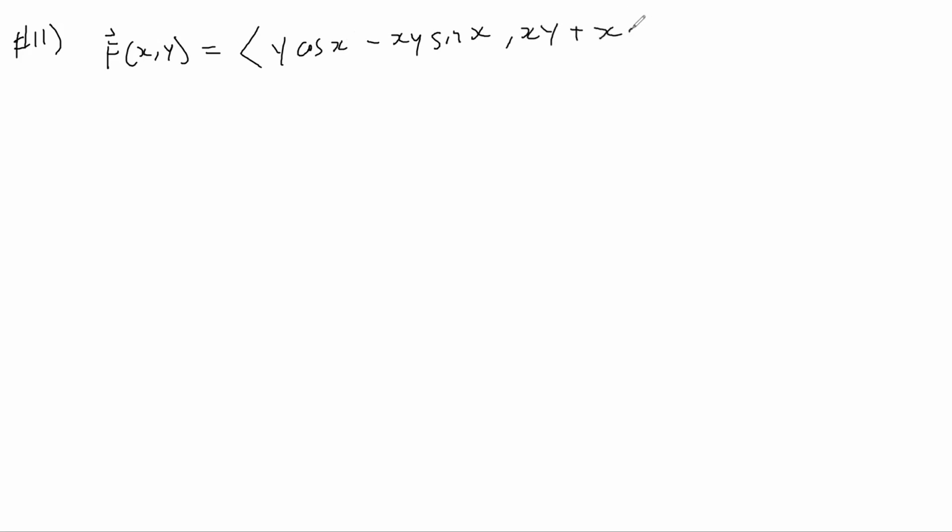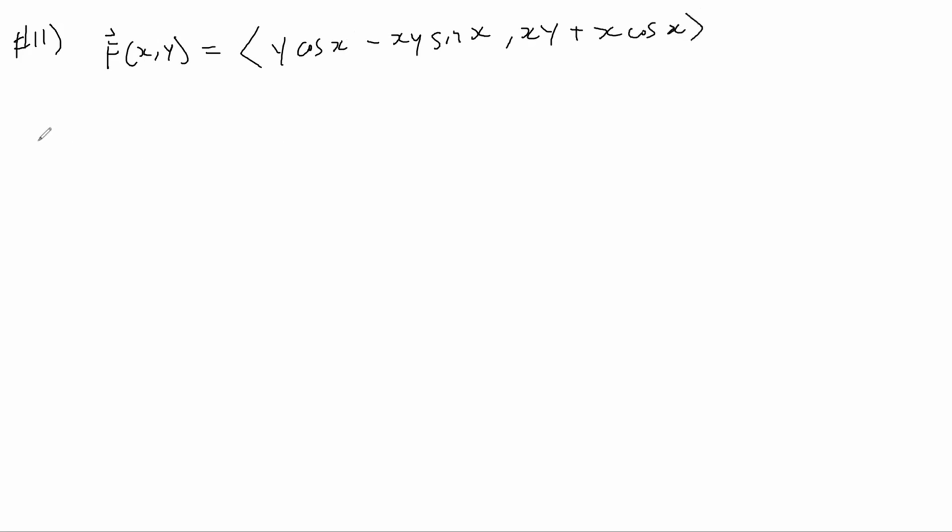So for number 11, we get that the force vector F of x comma y is going to be y cosine of x minus xy sine of x for the x component. Well, the y component is going to be xy plus x cosine of x. All right.